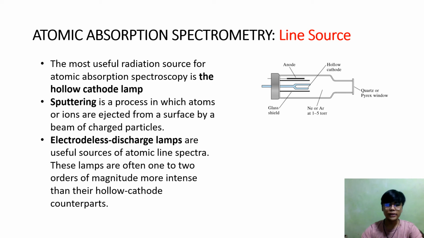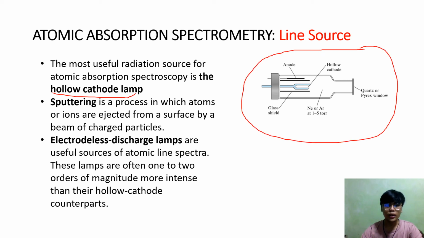For atomic absorption spectrometry, the most useful radiation source is the line source, the hollow cathode lamp. It consists of a tungsten anode and a cylindrical cathode sealed in a glass tube containing an inert gas such as argon at a pressure of 1 to 5 torr.